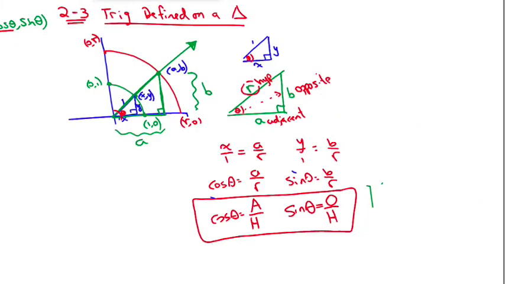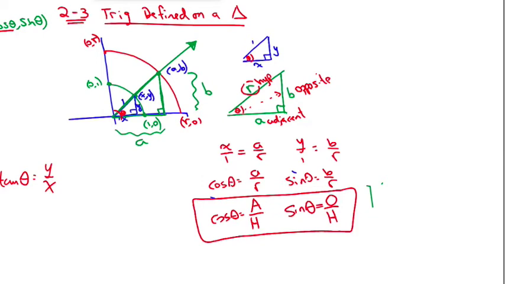I forgot to define one little thing the other day. If this is cosine theta, sine of theta, there's also a function called tangent of theta. And tangent of theta is literally y over x. Now, whichever triangle you look at, the blue one or the green one, y over x is exactly the same thing. It's opposite over adjacent, opposite over adjacent.